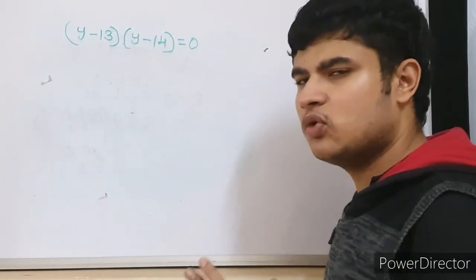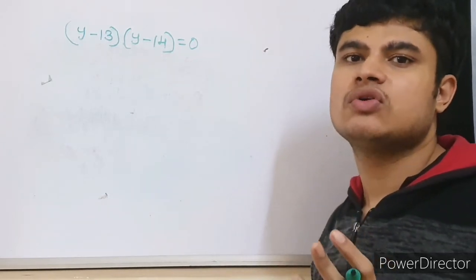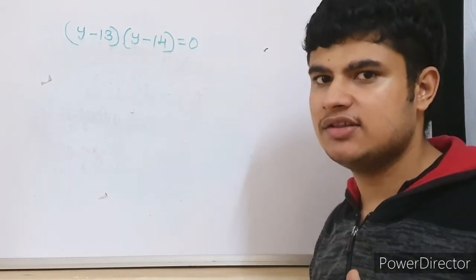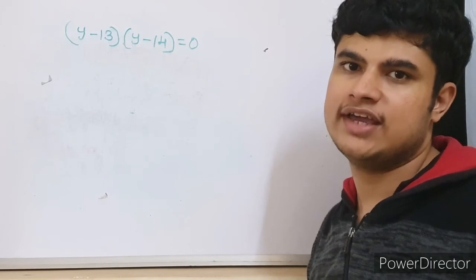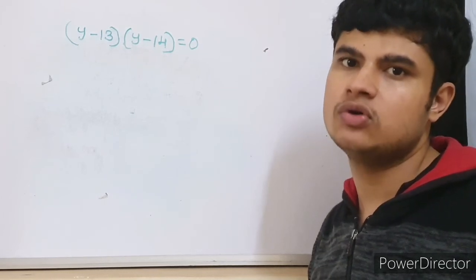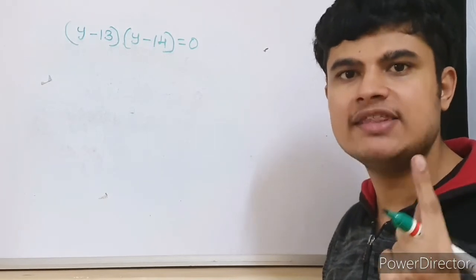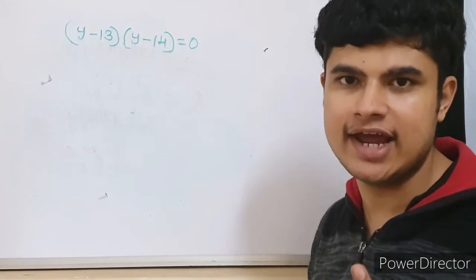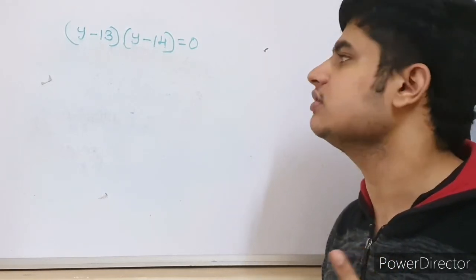And the rule in mathematics is when the product of two numbers is 0, either one is 0 or both the numbers are 0. So for example, 1 into 0 is 0 or 0 into 0 is 0. But at least one number should be 0. That is the theory. And based on that, we get two different solutions of a quadratic equation.